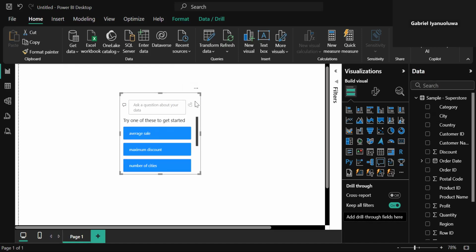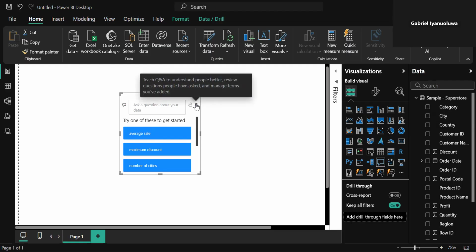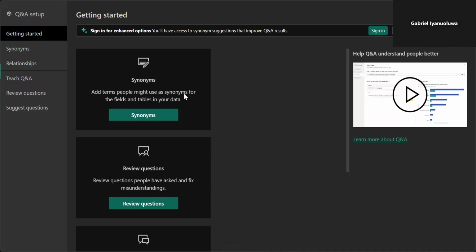It has a setting here, and when we click on the setting, it will show us more on how to work with it, from synonyms to review questions. If you want to get more understanding of it, you just click on learn more about question and answer. It will show us the overview of the data that we are working with.